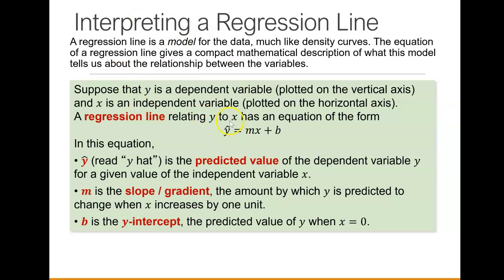You read it as y hat equals mx plus b, where y hat is going to be our predicted y value. M is our slope, and b is the y-intercept, just like Algebra 1 pre-algebra from like a million years ago, except there's a hat on our y now.